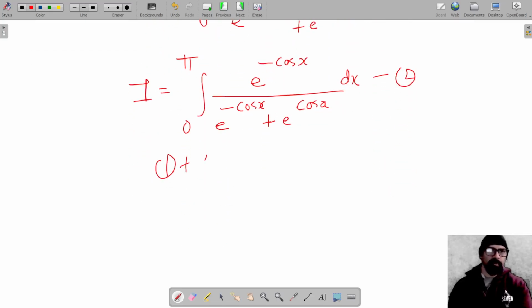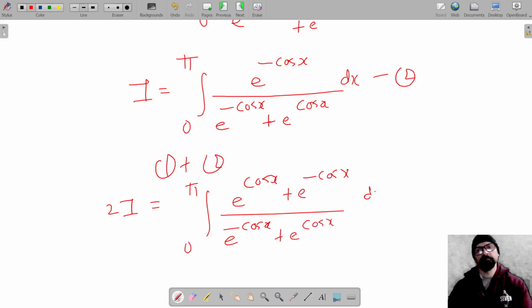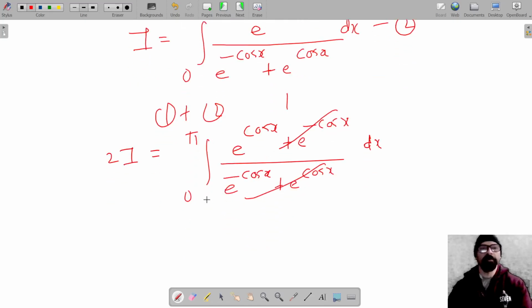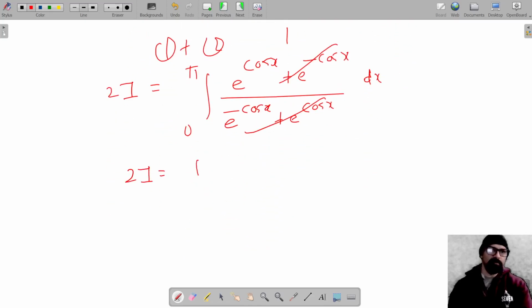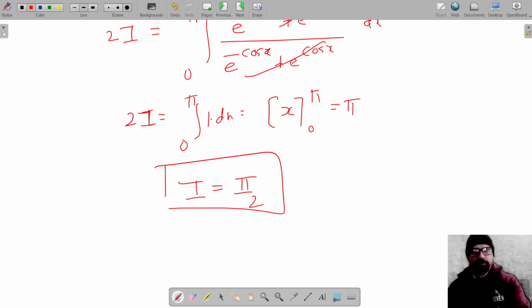Now we are going to add 1 and 2, so 1 and 2 gives 2I. It is 0 to pi, and the denominator is the same. So 2I is equal to integral 0 to pi 1 into dx, and once integration is x, this is 0 to pi, which becomes pi. So finally integral I is equal to pi by 2. This is I. So I is equal to pi by 2.